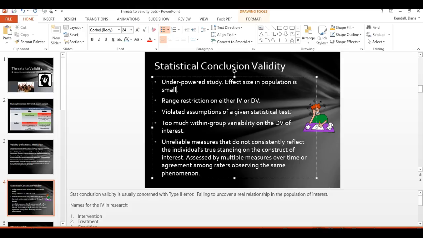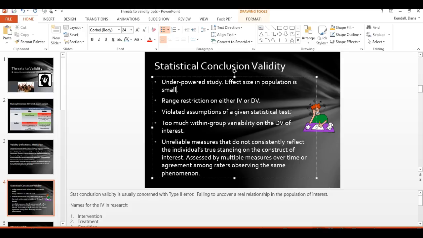So this may feel like a contradiction from what I said earlier: if you ain't got variance, you ain't got covariance. Well, there's a difference. You want maximum difference between groups, in between group variability. So the means on the groups should be very spread apart to find an effect. That's the effect size, basically.